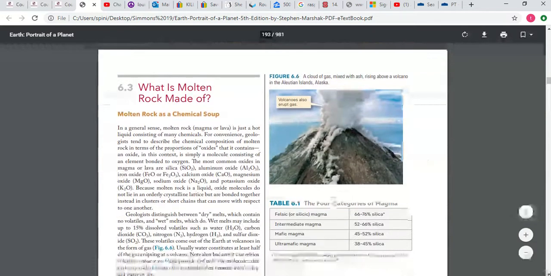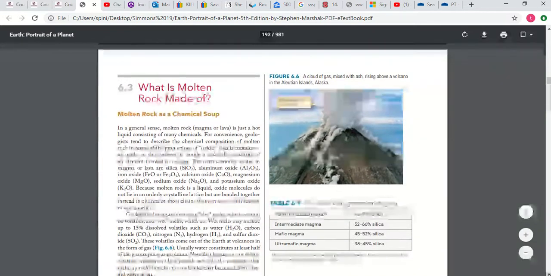Now let's get into the question of what is this rock made of? What is this molten stuff? Your book describes it sort of as soup, melted soup, and that's a good way of putting it. I was thinking of a chicken noodle soup. If you think about it, it's got all these different parts to it.